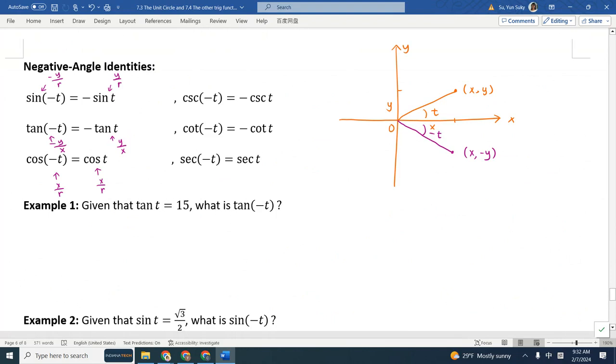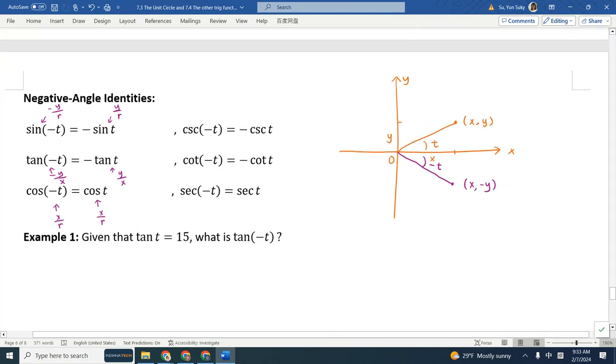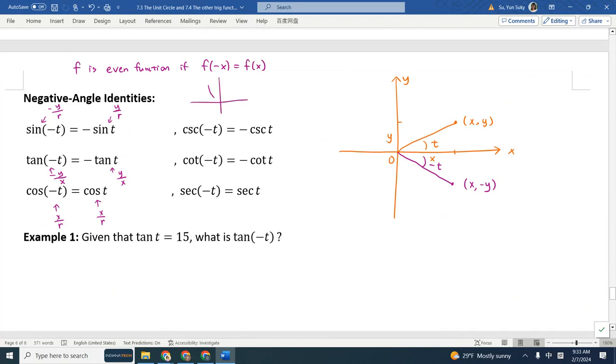So this property is related to even functions and odd functions. Have you learned even function and odd function before in algebra? Maybe you did, but you forgot. A function is an even function if f of negative x is f of x. For example, the even function x squared.